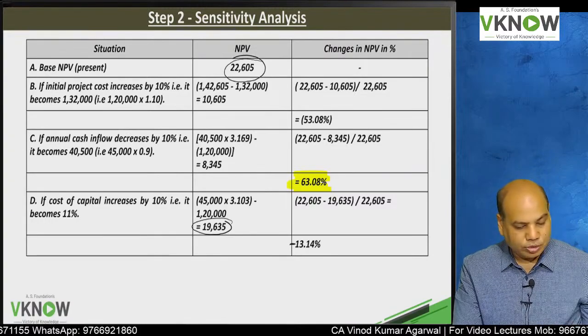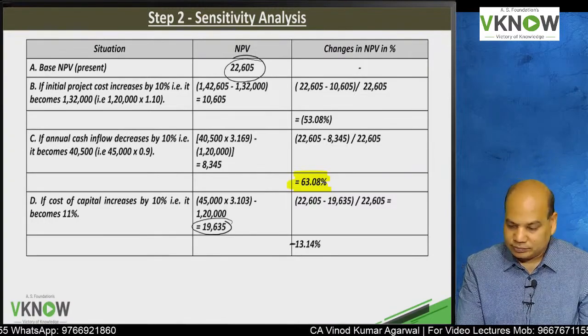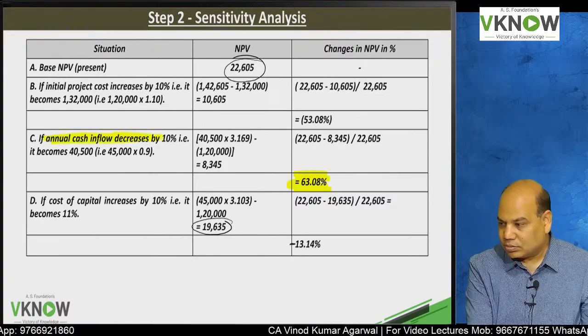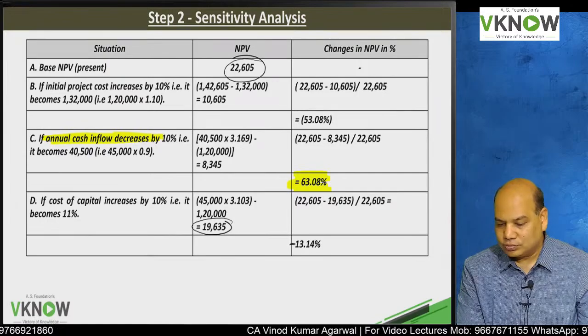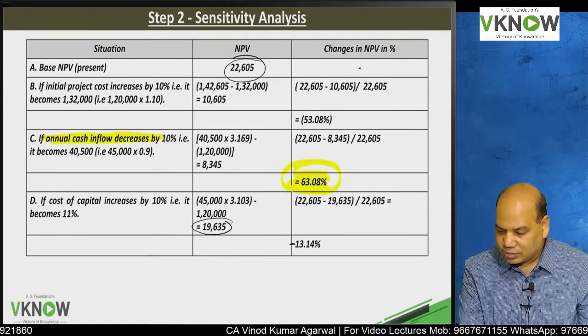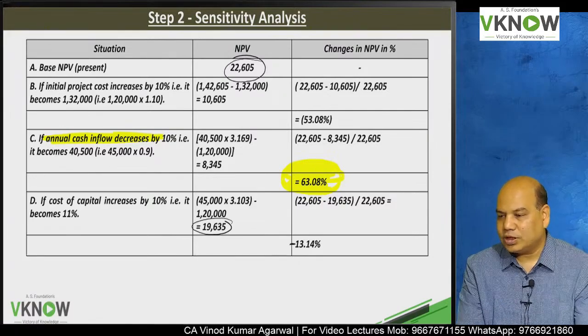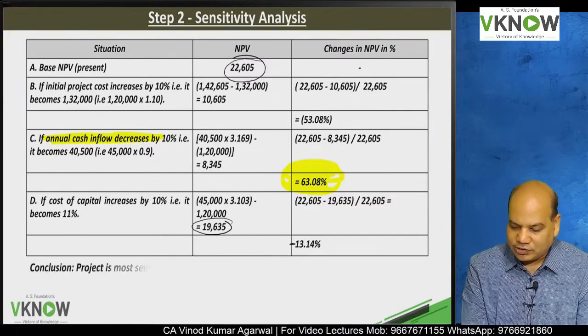The project is most sensitive to which variable? The project is most sensitive to annual cash inflow, because there the impact on NPV is maximum for a 10% adverse change.